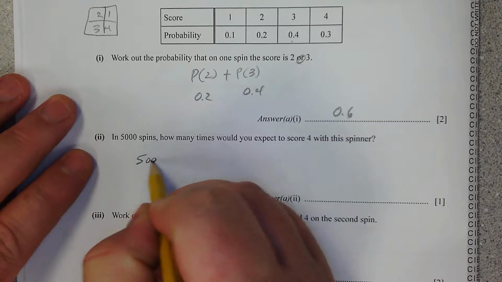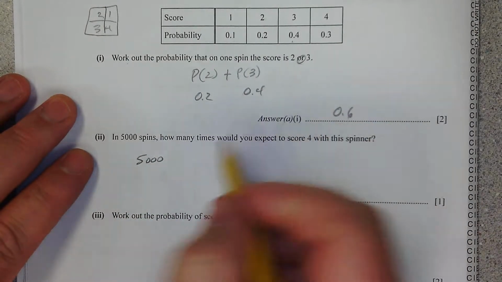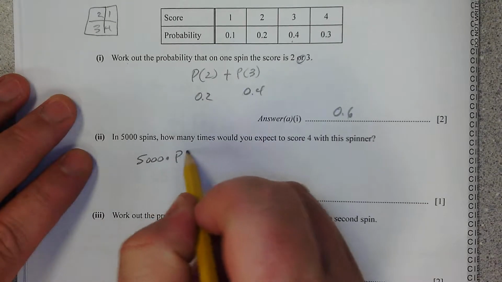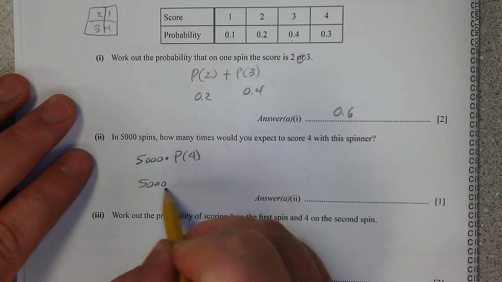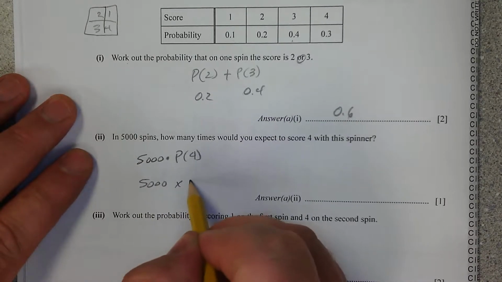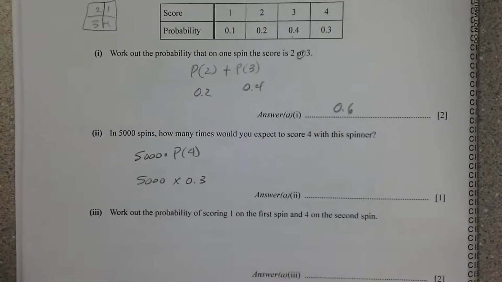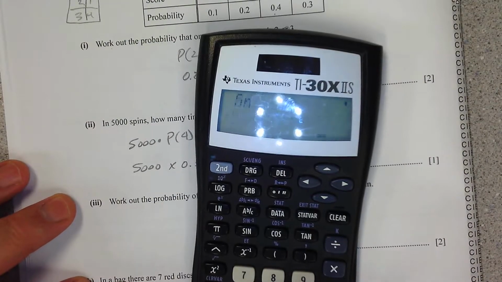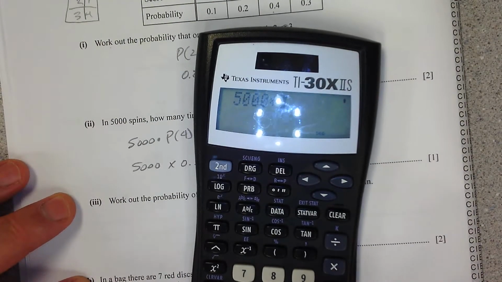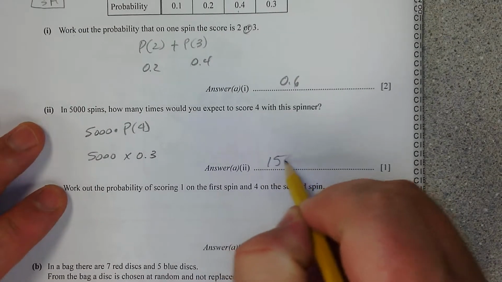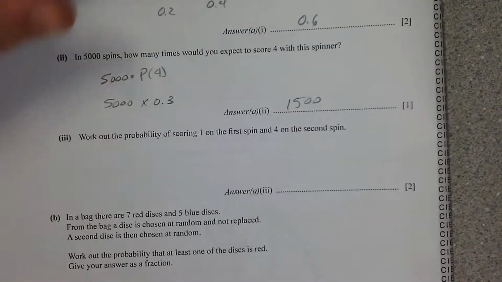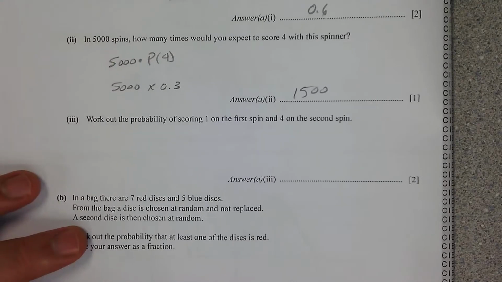Well, 5,000 times the probability of getting a 4, which is 0.3. We could do this in our head, but since we've got a calculator, boom, done, 1,500. That's a 1 point question, so should be pretty easy.